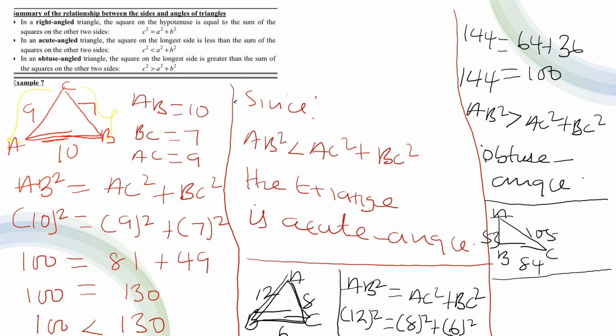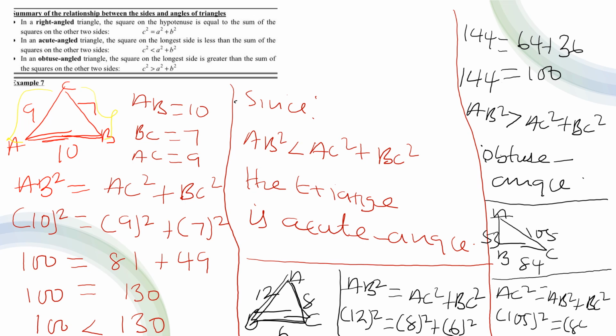Okay guys, let's do it together. I hope you were able to do it, and let's look for our answer. So the longest side is what? AC. I'm writing my formula. AC squared is equal to the two other sides, AB squared plus BC squared. So what is AC? AC is 105 squared. What is AB?